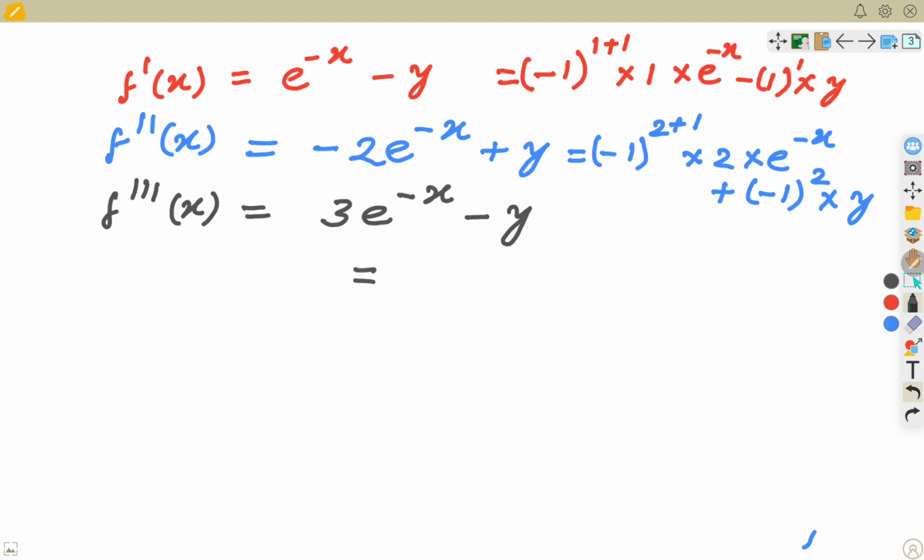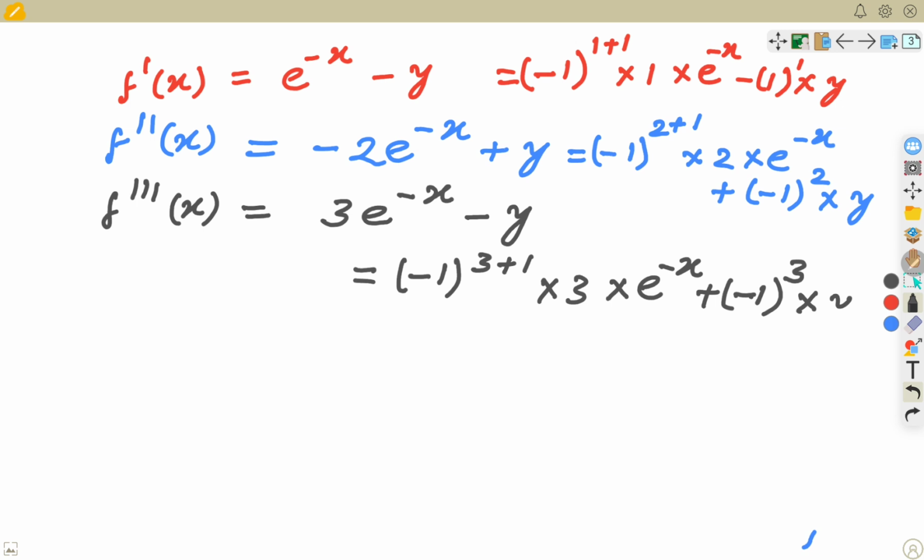For the third case, we can write minus 1 raised to the power 3 plus 1, into 3, into e to the power minus x, plus minus 1 raised to the power 3 multiplied by y.